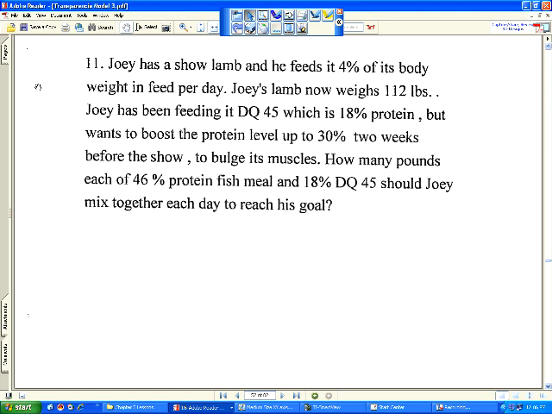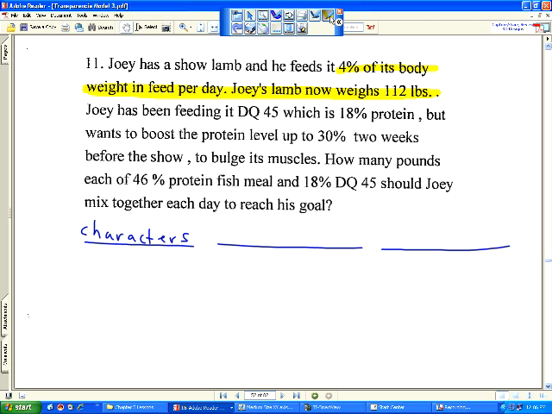So here we go. We're going to write characters of the story, and we're going to be in search of word sentences. Joey has a show lamb and he feeds it 4% of its body weight in feed per day. Joey's lamb weighs 112 pounds. Now what am I going to do with that information?